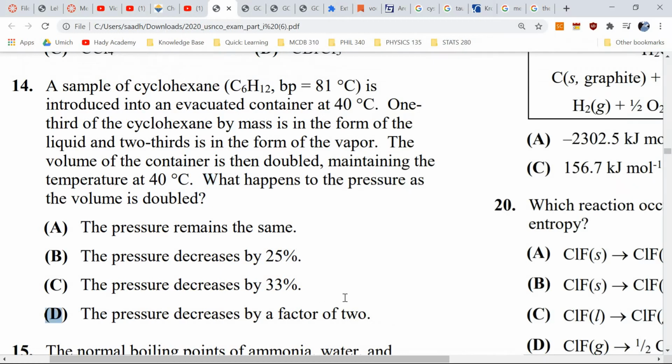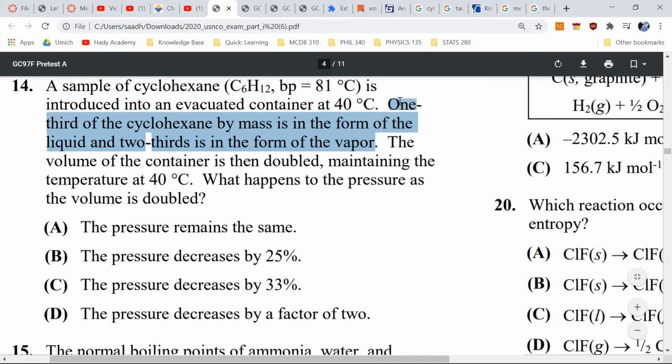The answer is not D. You don't just decrease pressure, it's not just cut in half. Because when you double the volume in this case, you're allowing this last third of the sample to evaporate into a gas, to just turn into a gas.